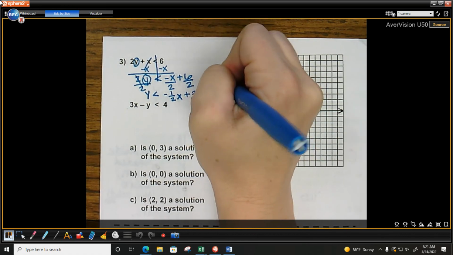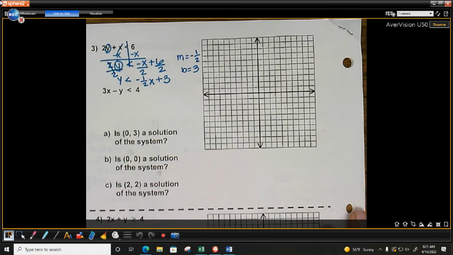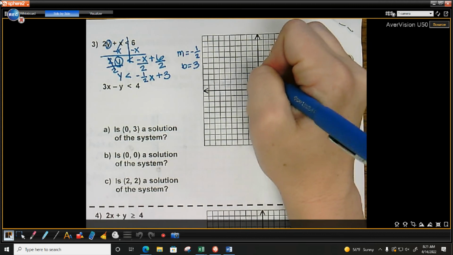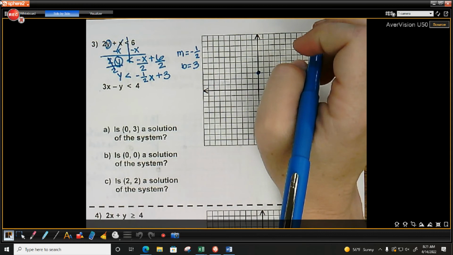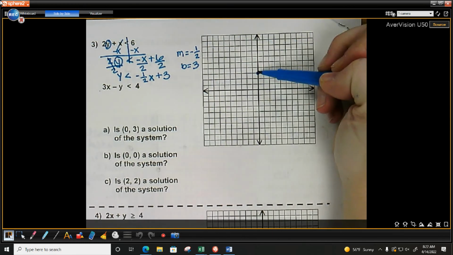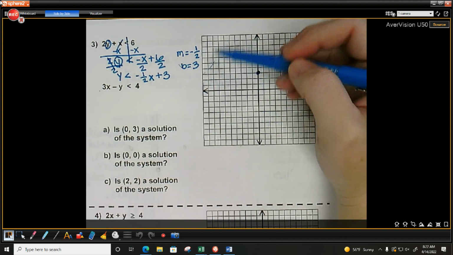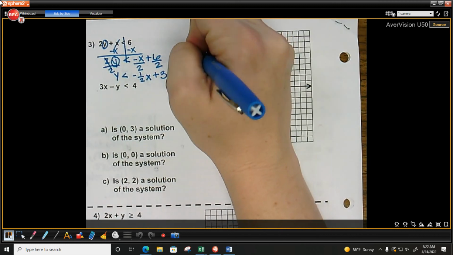Great job. How do I move from that point, Dylan Halverson? I plotted my b of being 3. Now we're going to move. Up 1, left 2. Great job. Up 1, left 2, since it's a negative. Or down 1, right 2.